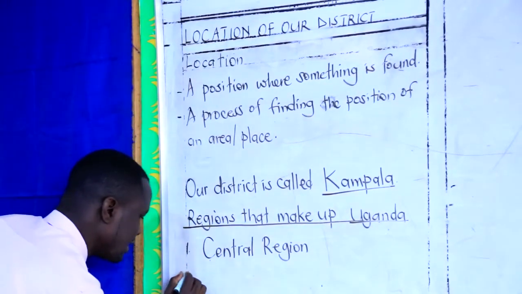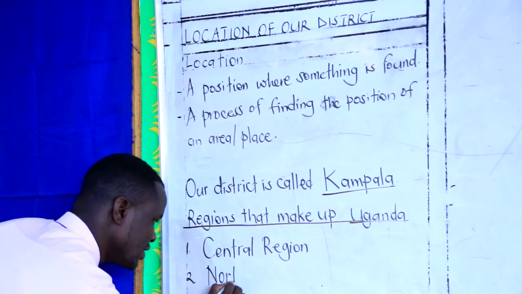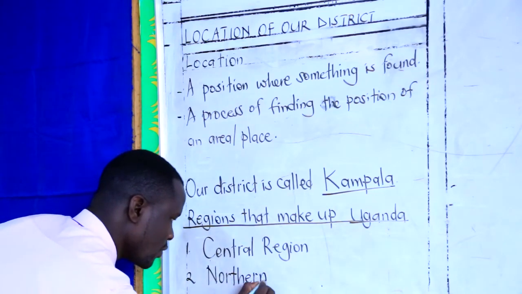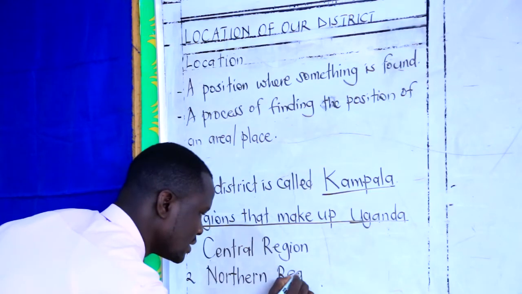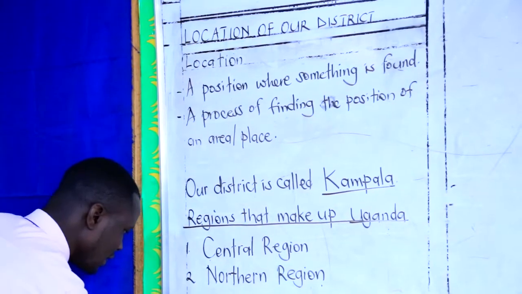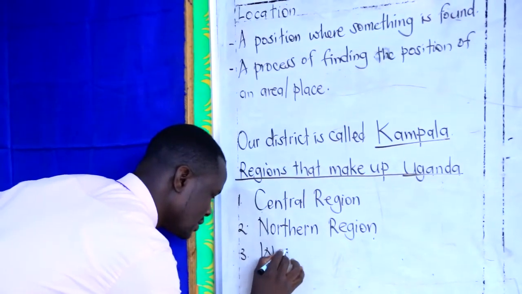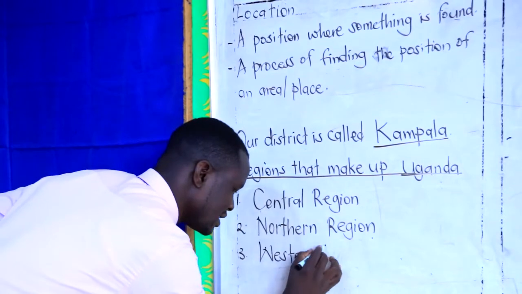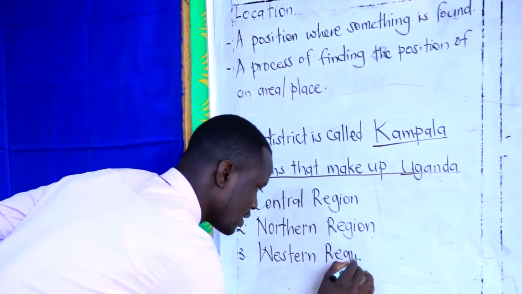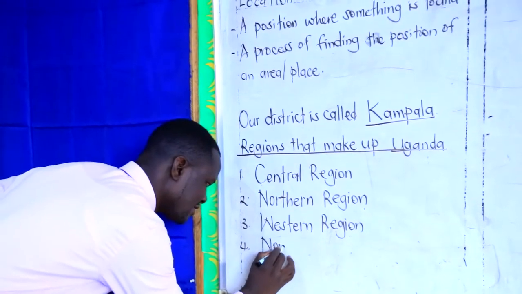Two, we have another region. We have the northern region in Uganda. Then we have the western region. We also have what we call the northeastern region.